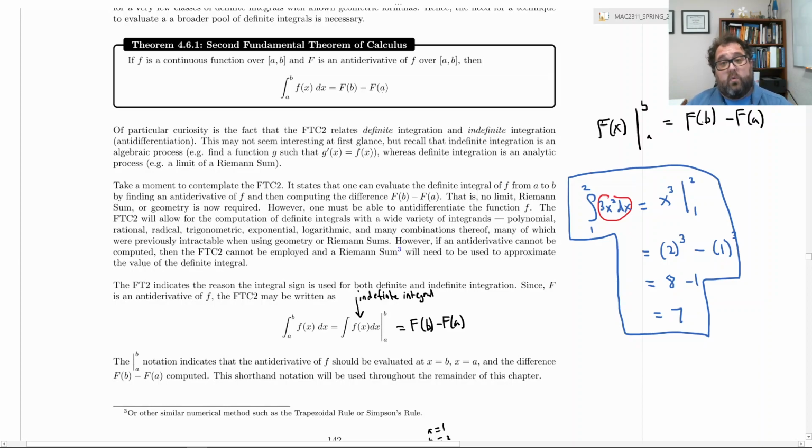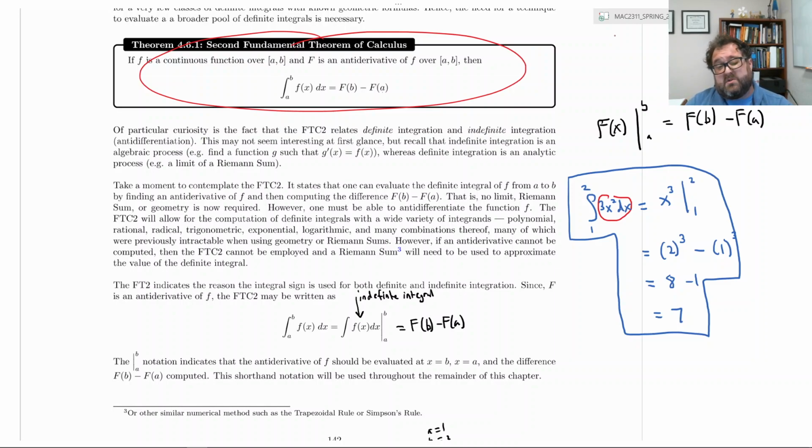Much of the work when applying the second fundamental theorem of calculus, all of the work basically goes into finding the antiderivative. And of course, there's a little bit of arithmetic afterwards, but as long as you're careful, that shouldn't be an issue. But the fundamental theorem necessitates that we find the antiderivative. So if the antiderivative is tough to find, well, then that's where we're going to spend our work.